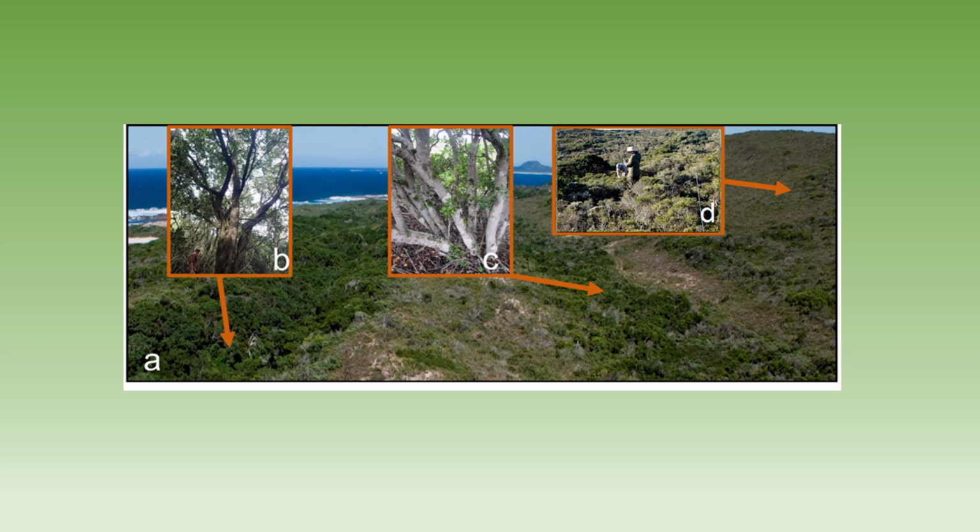Another important point is this swale is quite close to the sea, which means that the bedrock, in this case Table Mountain sandstone, is close to the surface, which means that the water table is also not that far from the surface, and these plants have access to high amounts of moisture.